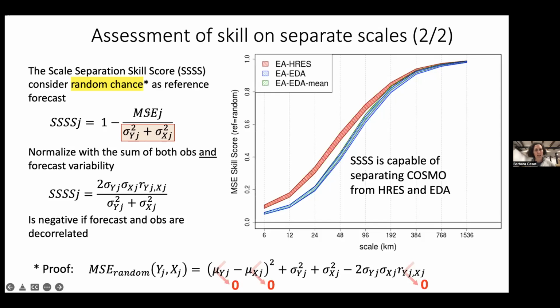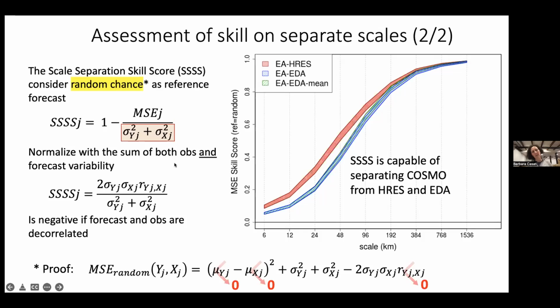So you can see that here the mean squared error is normalized by both the variance of the observations and the forecast. Because the variance of the forecast is factored in, this scale separation skill score is capable of separating the COSMO-REA6 from the control and the ensemble members.